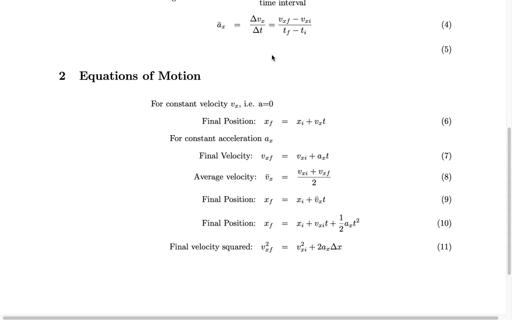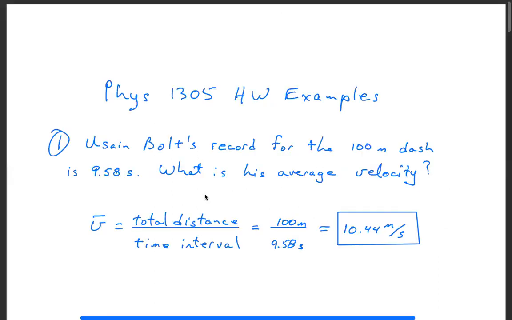Okay, now let's go to a new share and get to the homework examples, and those are here. And we're going to use some of these equations. Okay. Usain Bolt's record for the 100-meter dash is 9.58 seconds. What is his average velocity?